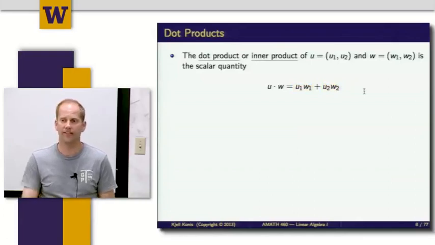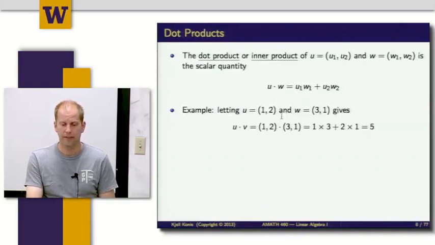In general, if w were length 3 or 4 or 5, it's the product of the components with the same index, and then all of those summed together. If it was length 4, it would be u1 w1 plus u2 w2 plus u3 w3 plus u4 w4, all summed up. This is always going to be a real number, a scalar quantity. It's not going to be a vector.